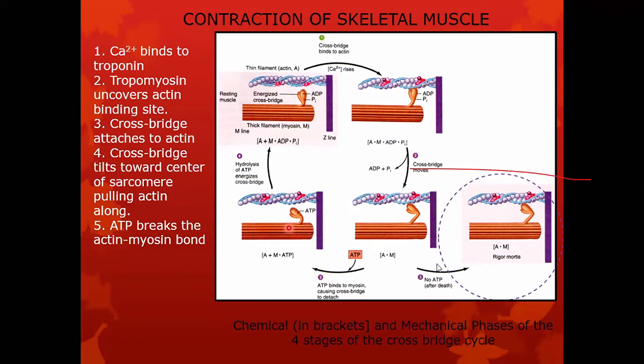Once ATP is spent, hydrolysis of ATP energizes the cross bridge, and so it will detach because it has energy.